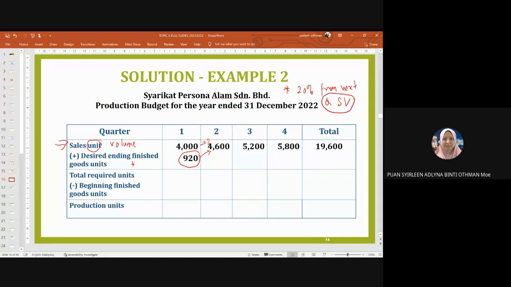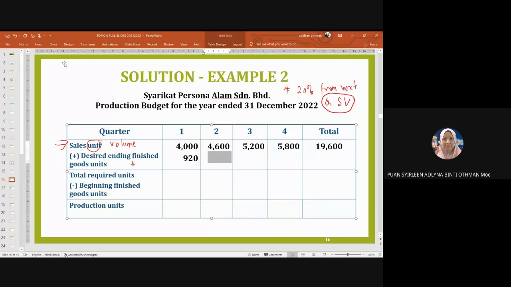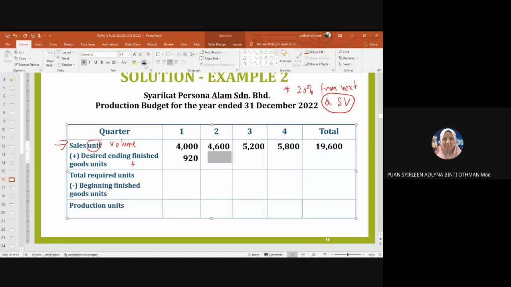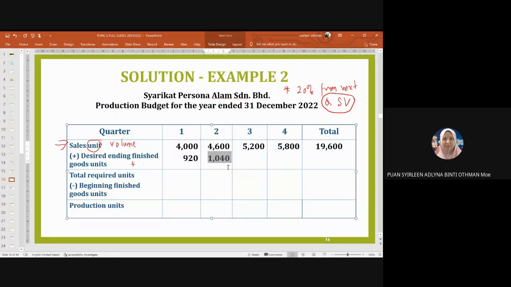So bila saya nak isi untuk quarter 2 dekat sini, I akan ambil 20% from here. So here that will be 1,040 units. Ini unit bukan RM. Sebab this is production budget, kita nak cari production units. So ini bukan RM, tak ada RM dekat sini.